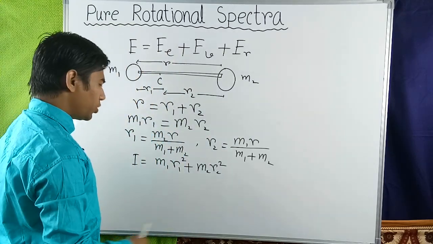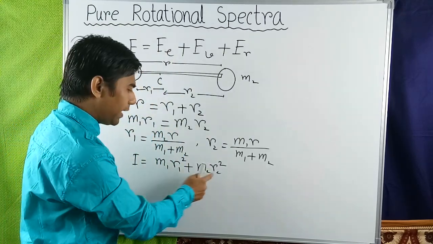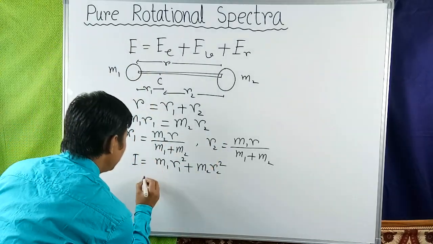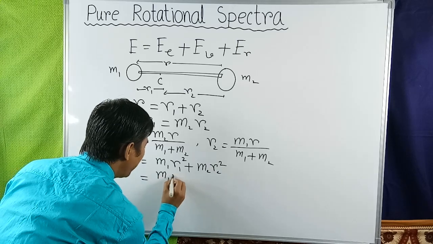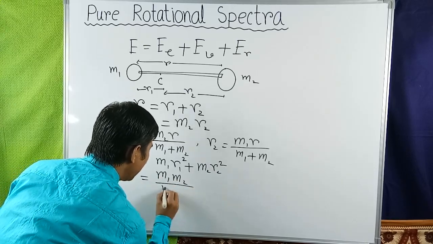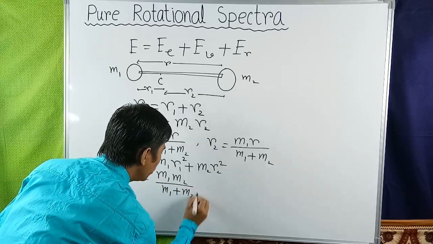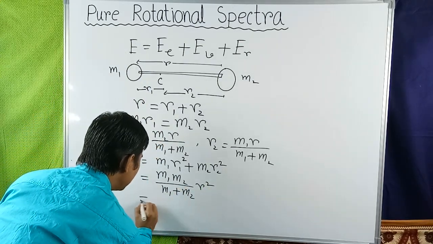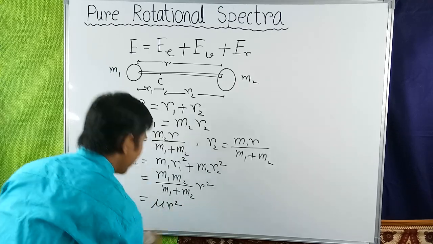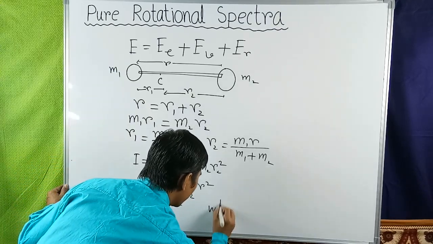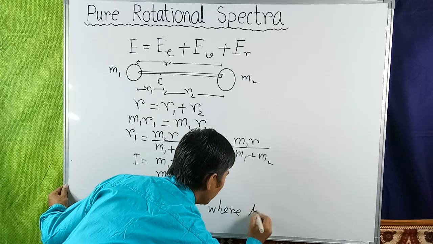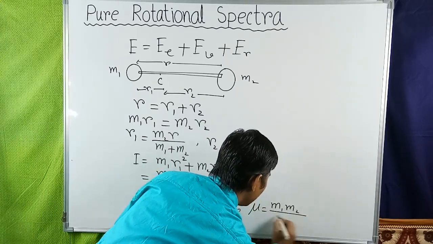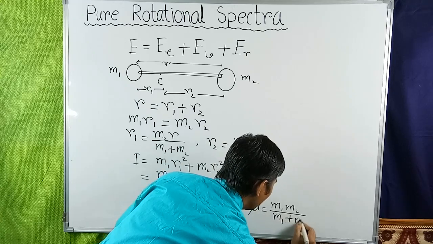Now if we put the values of r1 and r2 from these equations, we get I = m1 m2/(m1 + m2) times r². This can be written as I = mu r², where mu = m1 m2/(m1 + m2).